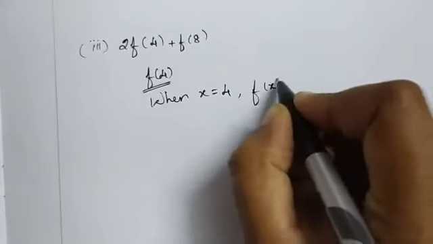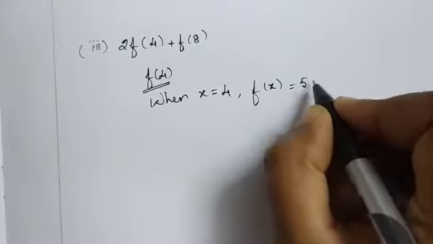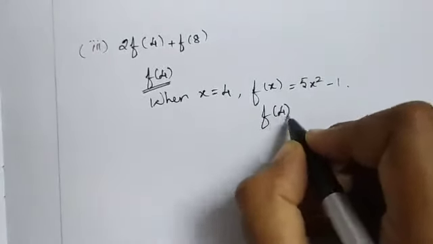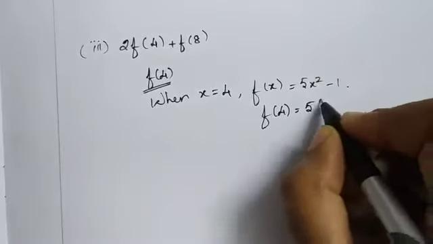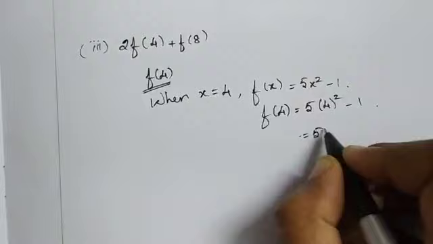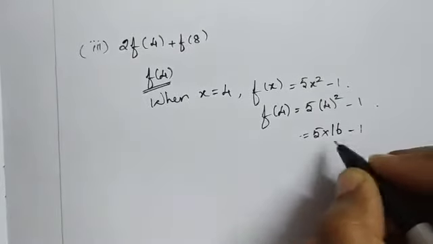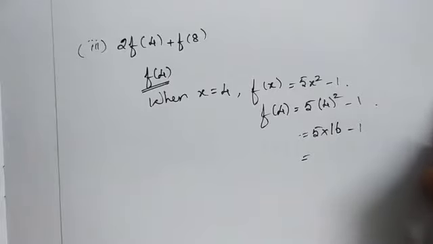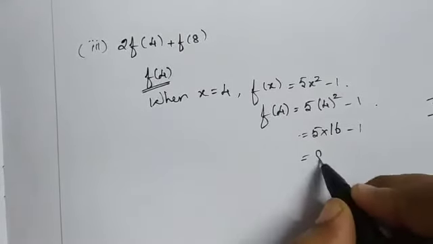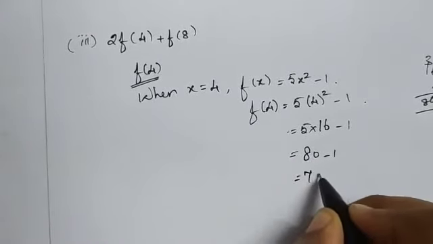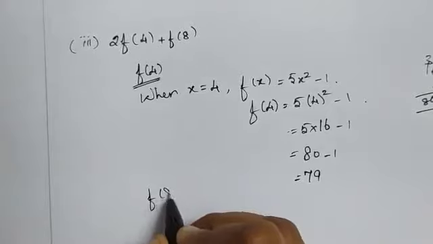Therefore f of x is equal to 5x square minus 1. f of 4 is equal to 5 into 4 square minus 1. 4 square is 16. 16 into 5 is 80, minus 1, 79.